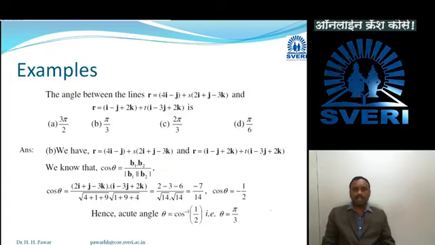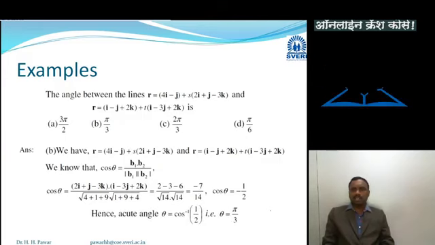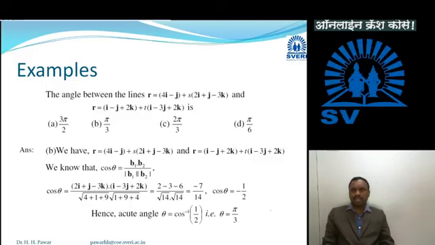the angle between the lines r bar is equal to 4i minus j plus s into 2i plus j minus 3k, and r is equal to i minus j plus 2k plus t into i minus 3j plus 2k is.